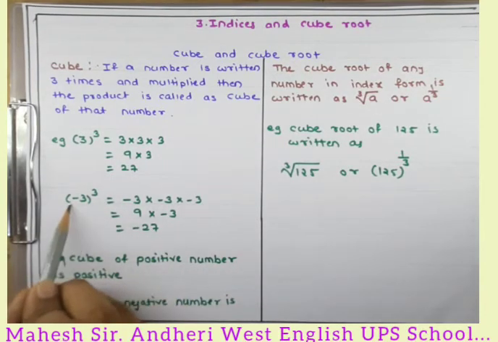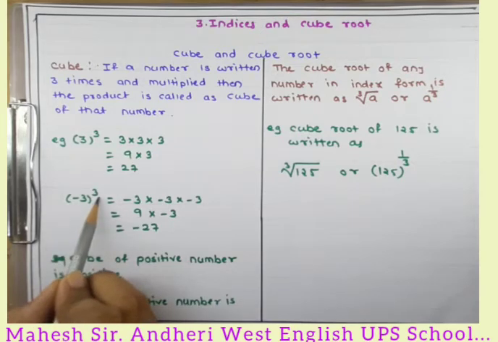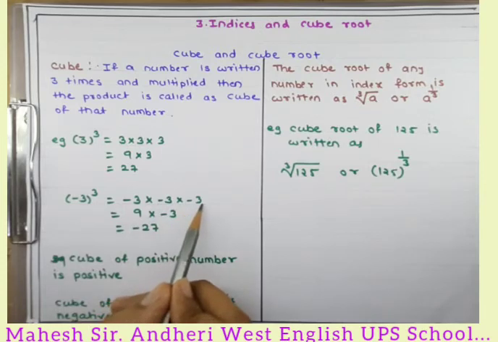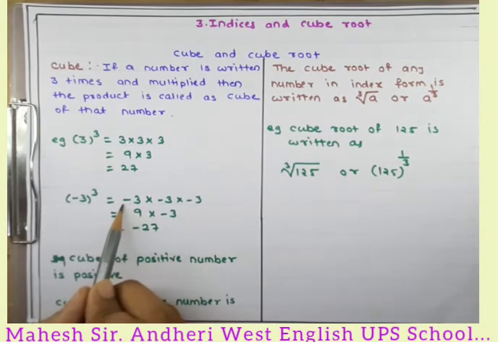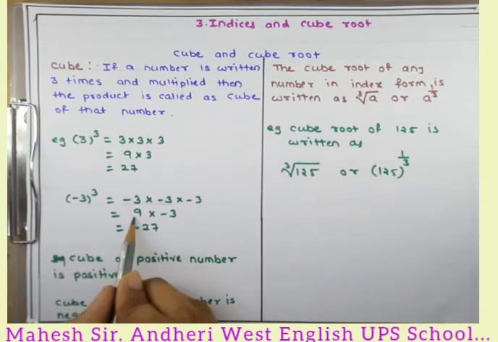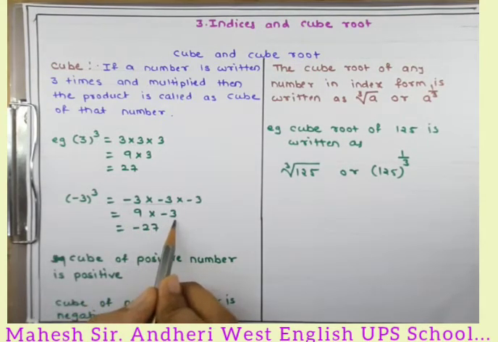Now minus 3 raised to 3. Minus 3 raised to 3 means we will write minus 3 three times. So I will write minus 3 multiplied by minus 3 multiplied by minus 3. First we will do the multiplication of these two numbers. 3 threes are 9, minus minus is plus, so I will write plus here. Next, these two numbers, plus 9 multiplied by minus 3.